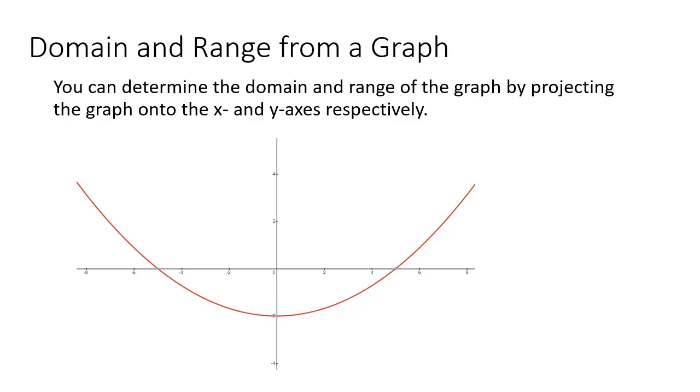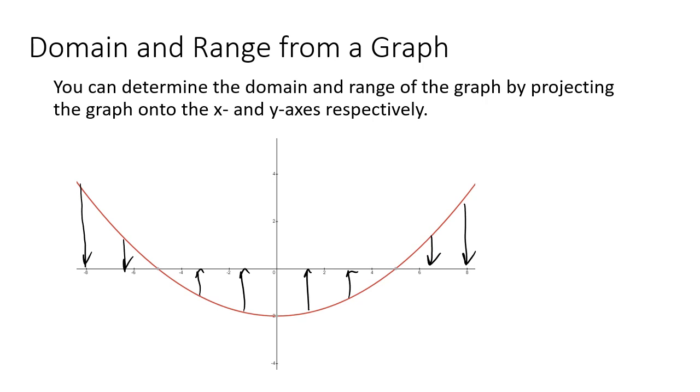Well, by looking at the graph, it makes it relatively easy to determine the domain and range because you're just looking for the corresponding x values of the function and y values. So what you can do is you can project the graph onto the x-axis, right? Any x value that the graph is above or below is part of the domain.